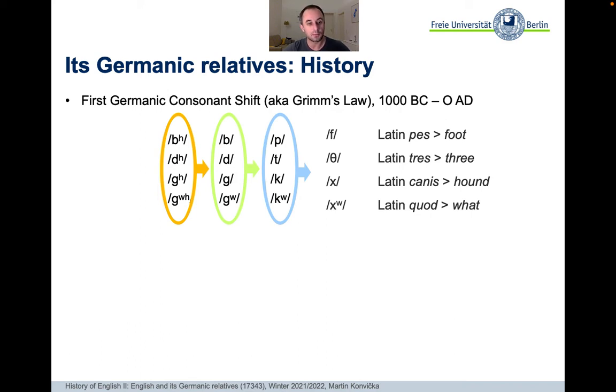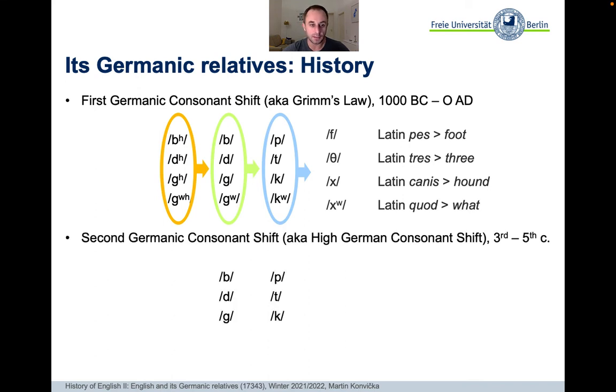In some of the Germanic languages, another process happened, which is called the Second Germanic Consonant Shift. It's also sometimes referred to as the High German Consonant Shift, because the major area where this shift happened was in the High German speaking areas in southern Germany, Austria, and Switzerland.